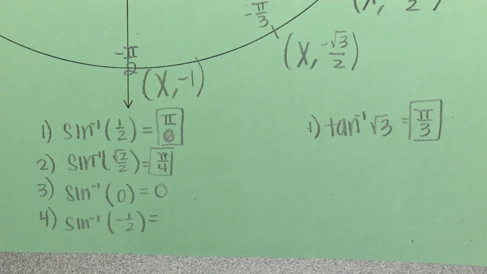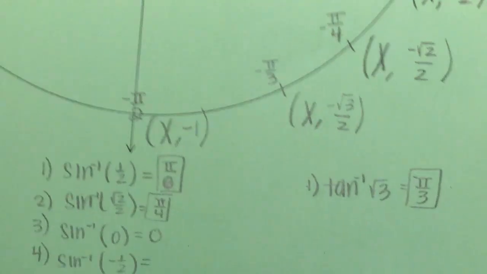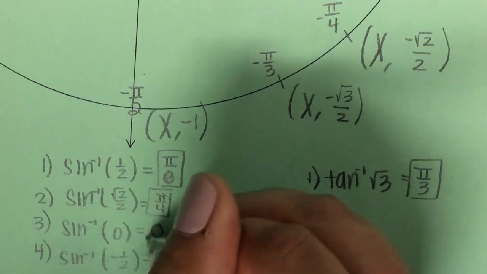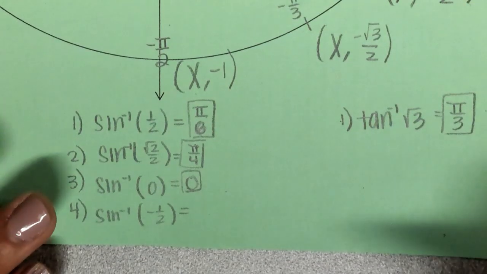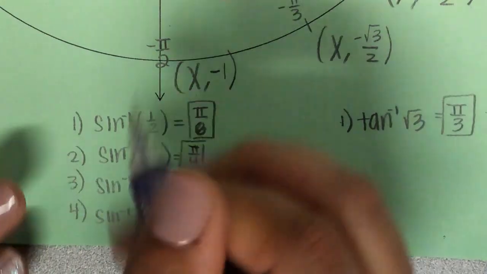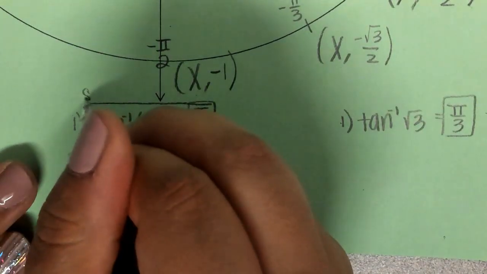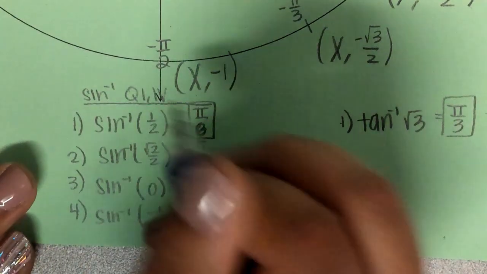Sine is not in quadrant 2. Where is sine at? Quadrant 1 and 4. And then last but not least, what is the inverse sine of negative 1/2? Negative pi over 6. So this right here for sine inverse is quadrant 1 and 4.